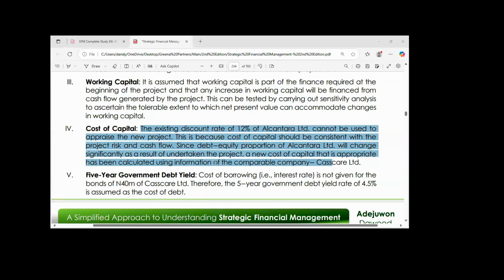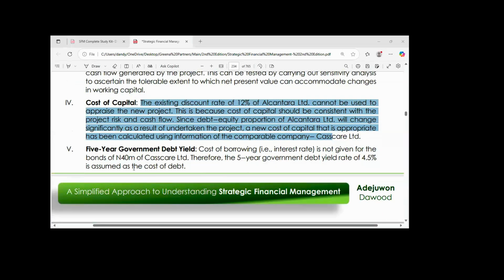Okay, so the next assumption is on the 5-year government debt yield. Cost of borrowing, that is interest rate, is not given. You recall that when you wanted to calculate the cost of equity on gear, we used the information of a proxy company.